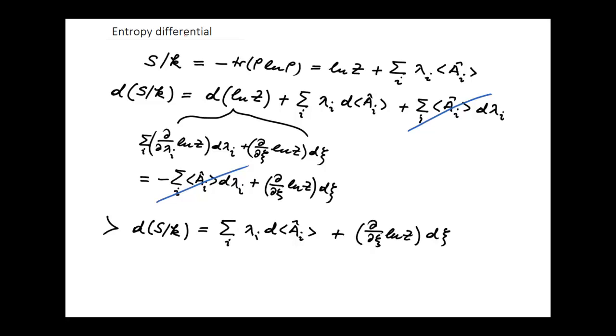Now the total differential of the entropy is a linear combination of d of the expectation values of AI and d psi. This means that the entropy must be a function of the expectation values of AI and of psi. These are the so-called natural variables of the entropy.